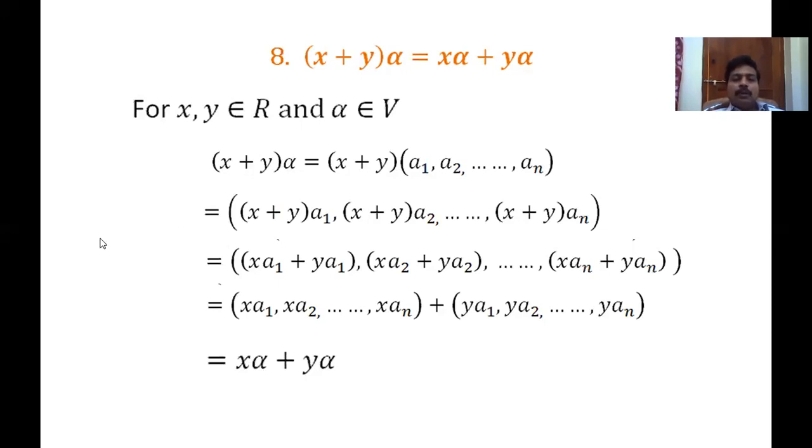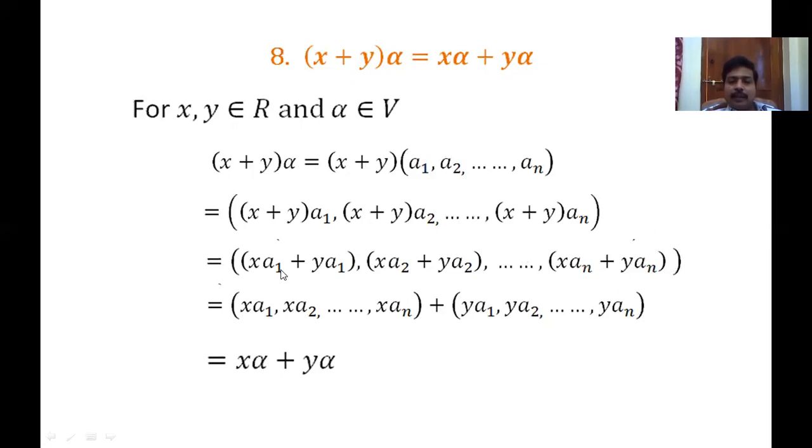So this is (x plus y)a1, (x plus y)a2, and so on, (x plus y)an. Again, x, y, a1, all three are real numbers. So by distributive laws in real numbers, we can write it as xa1 plus ya1. Similarly here, xa2 plus ya2, and so on, xan plus yan.